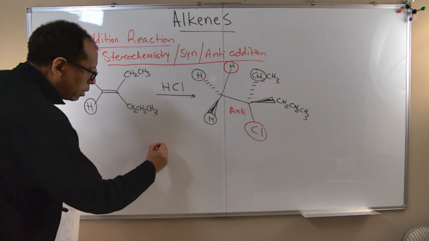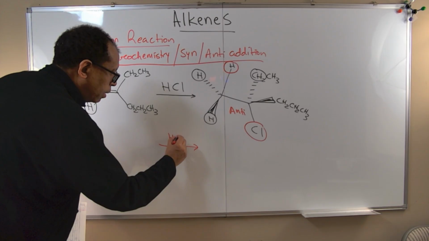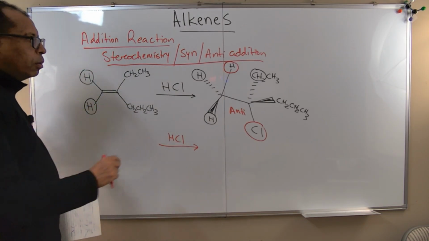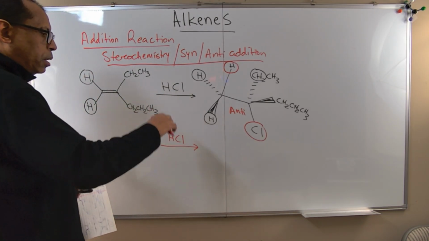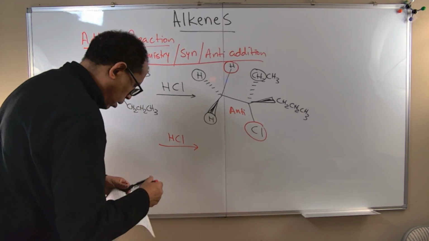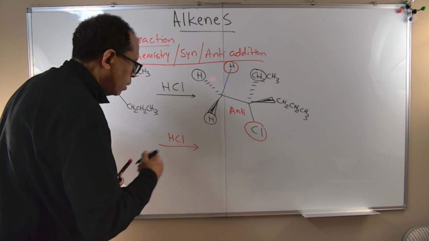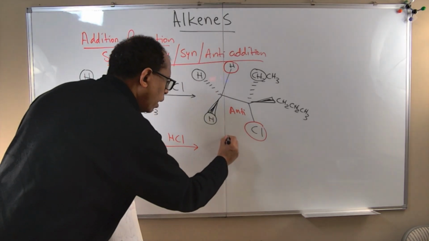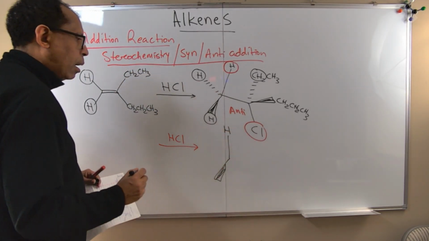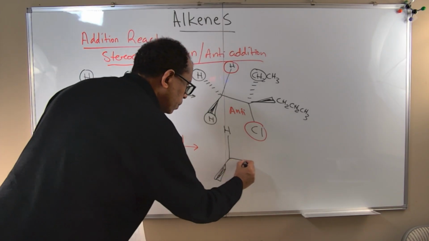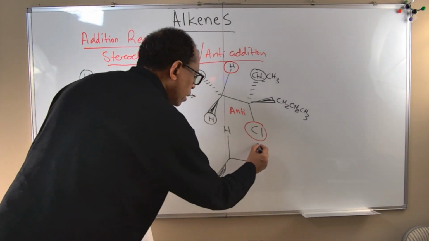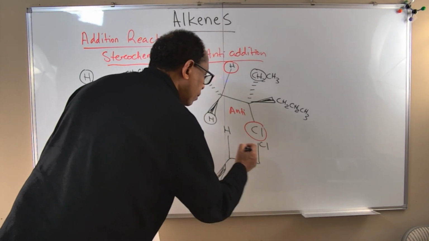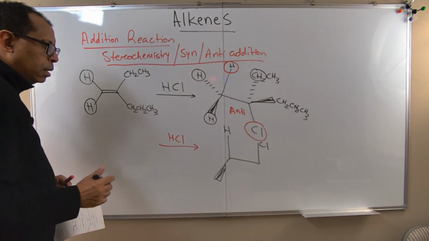Let's work on a syn addition of HCl on the same. When we say syn, this hydrogen is down here, and H is coming from top, let's say, and Cl is also coming from top, the same side, syn.